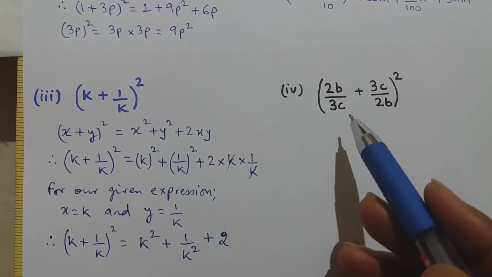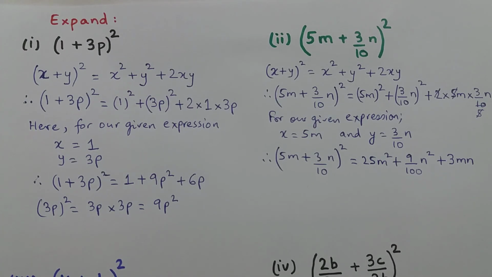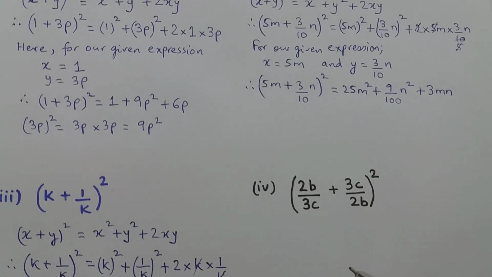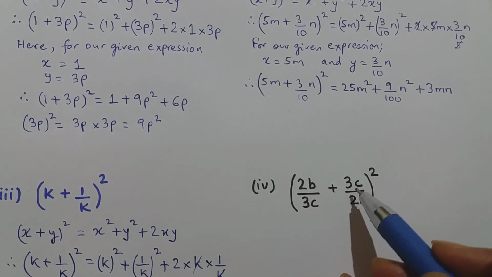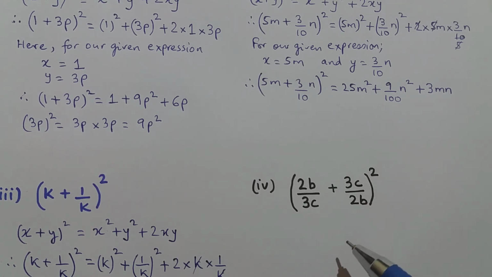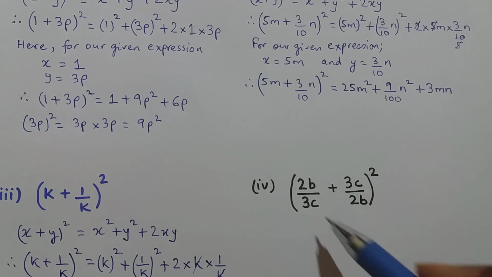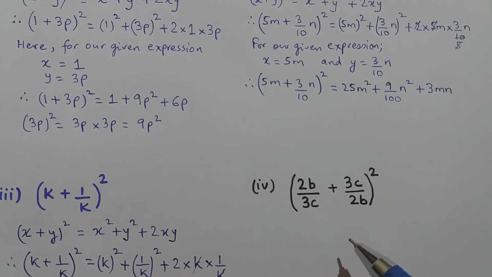Now let us go to question number 4. Question number 4 says expand 2b upon 3c plus 3c upon 2b whole square. So we have to expand this expression.